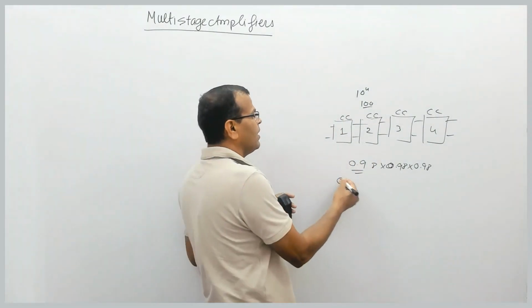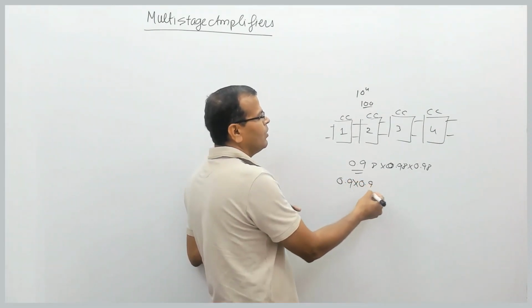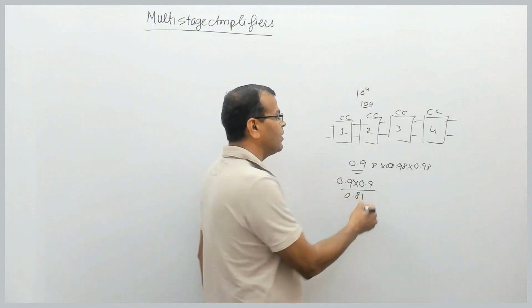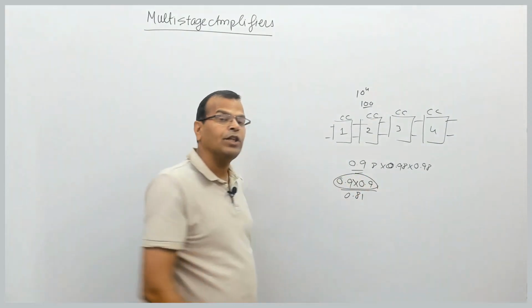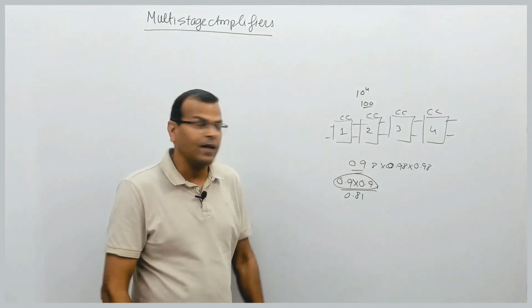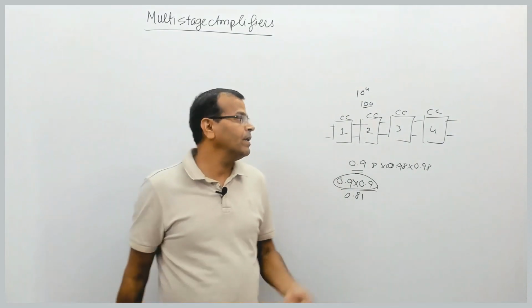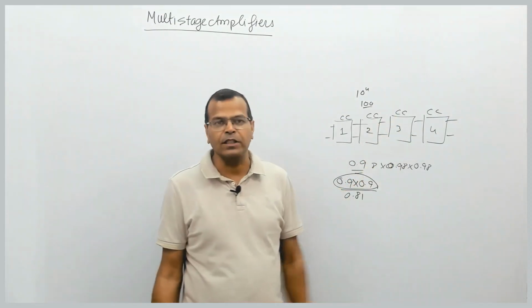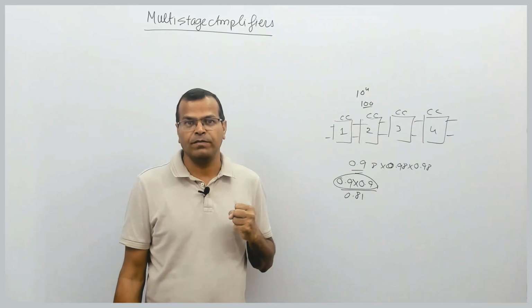For example, if you have a voltage gain of one stage 0.9, the voltage gain of two stages will be 0.9 into 0.9, and that is 0.81. So the overall voltage gain has reduced in comparison to the single stage. If you make use of common collector configuration in intermediate stages, the overall voltage gain goes on reducing.